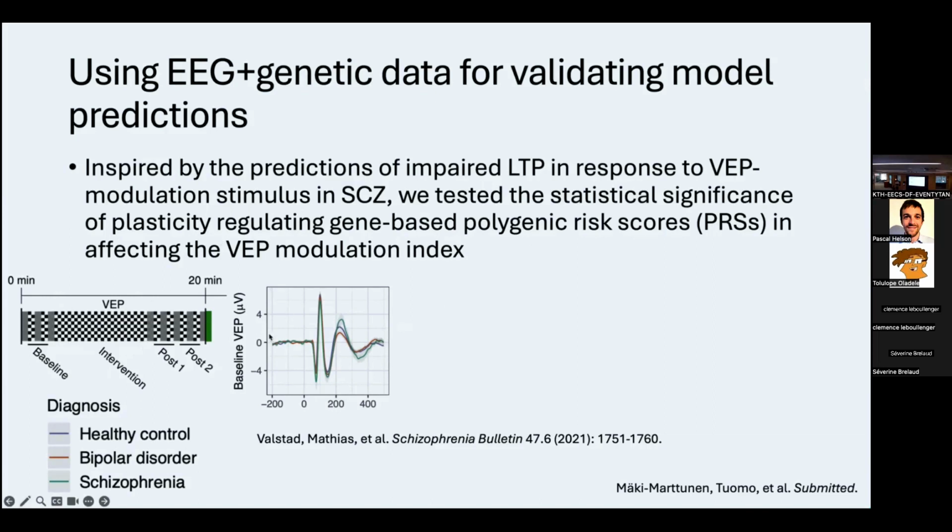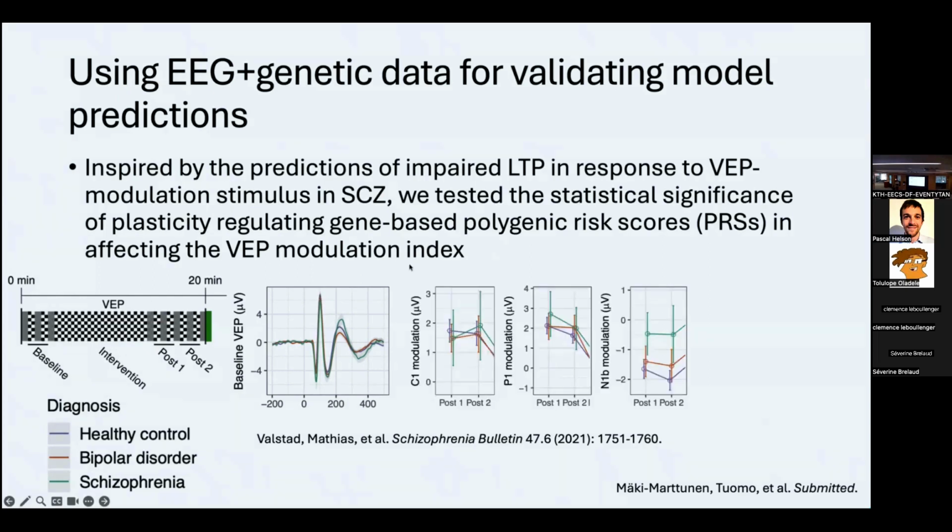So here you see a baseline, before there's any intervention. The baseline ERP looks like this for the checkerboard reversal. There's the C1 peak, P1 peak, and N1 peak. And then they get modulated after this intervention block by some 2 to 3 microvolts.